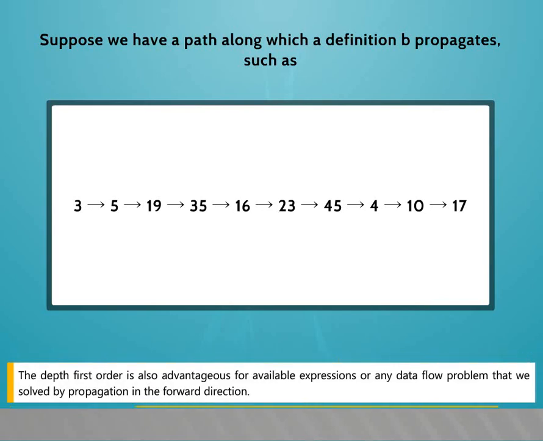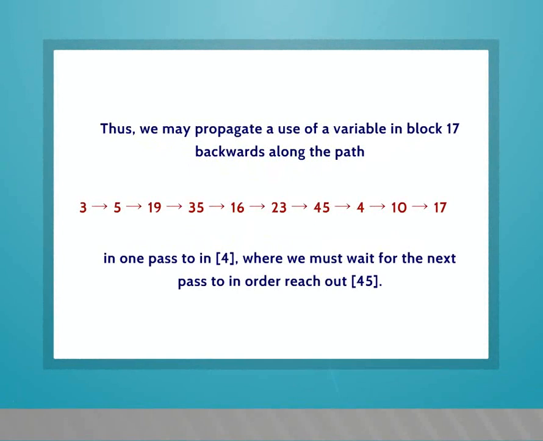The depth first order is also advantageous for available expressions or any data flow problem that we solved by propagation in the forward direction. Thus, we may propagate a use of a variable in block 17 backwards along the path 3 gives 5, gives 19, gives 35, gives 16, gives 23, gives 45, gives 4, gives 10, gives 17.